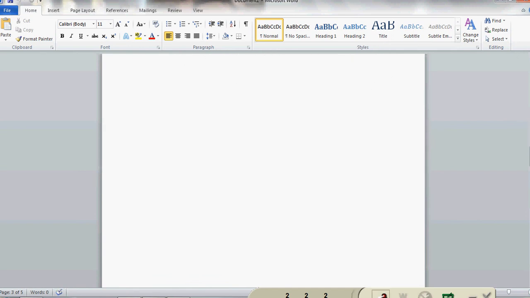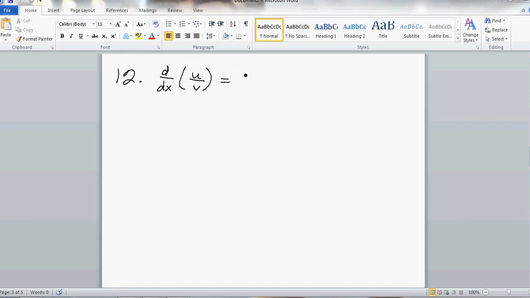Number 12 follows the same example, but we do need to be careful with what it actually says. Number 12 is asking what is the derivative with respect to x of u over v instead of v over u. Okay, so that's going to become ho d high minus high d ho all over ho ho.